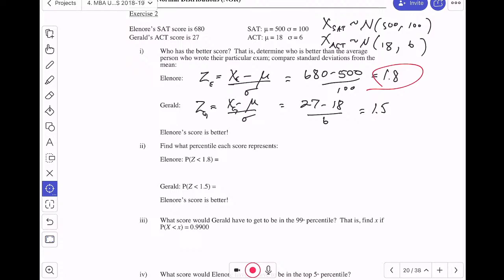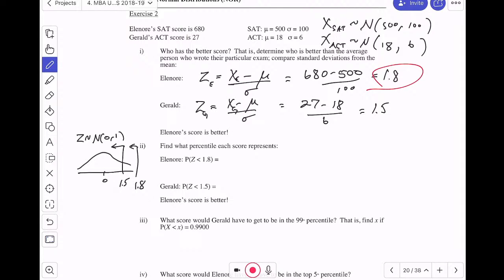So now we're going to go into the tables to look for the percentages, because we've converted this into a Z, a standard normal. I want to look these two up, where Z is normal, 0, 1. So this is what you're doing when you go into the table.